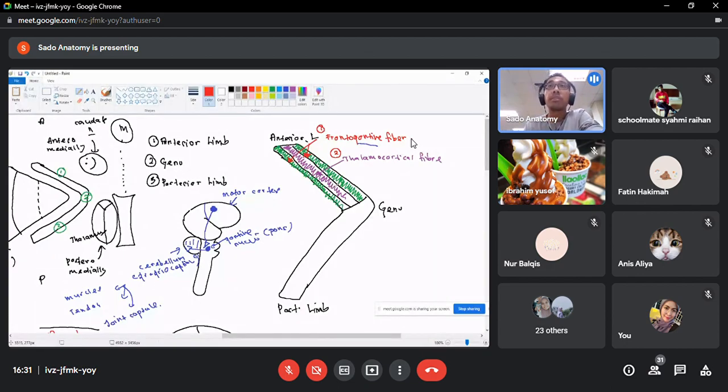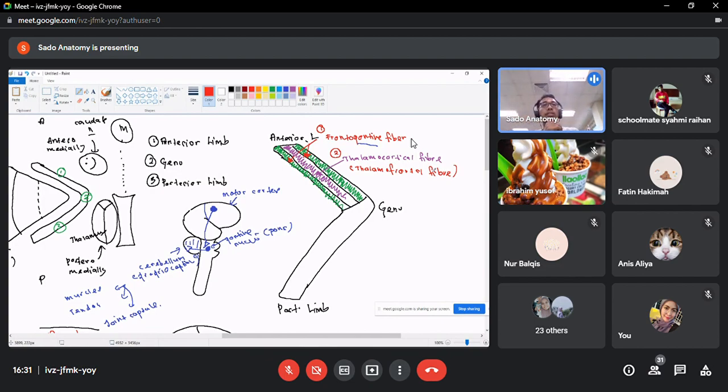That's why we can also call this thalamocortical fiber the thalamofrontal fiber, because this connection is mainly to your frontal lobes. Why frontal lobe? Because the motor cortex is basically sitting inside your frontal lobe.